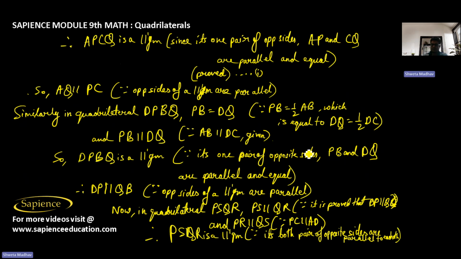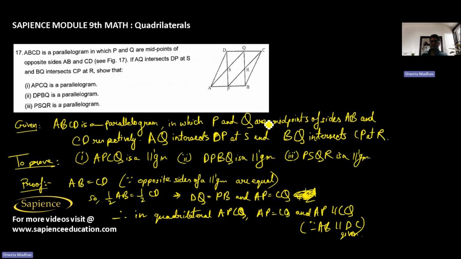Hence it is proved that PSQR is a parallelogram, which is the proof of the third part. And here also we have proved the second part, where we have shown that PQ is a parallelogram. So all the three parts have been proved.